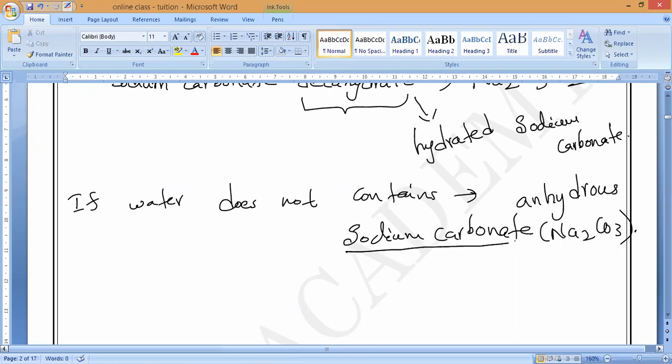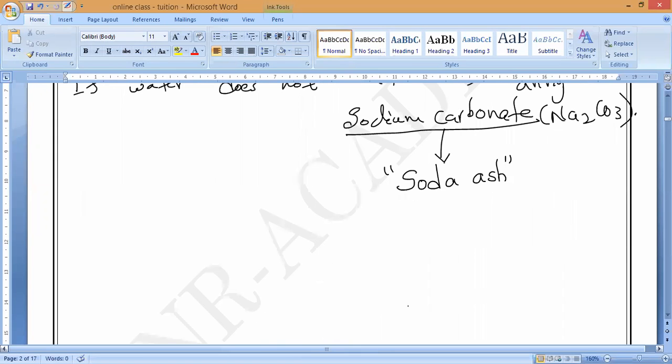This anhydrous sodium carbonate is commonly called soda ash. Very important question. Understand? The common name of anhydrous sodium carbonate is soda ash.